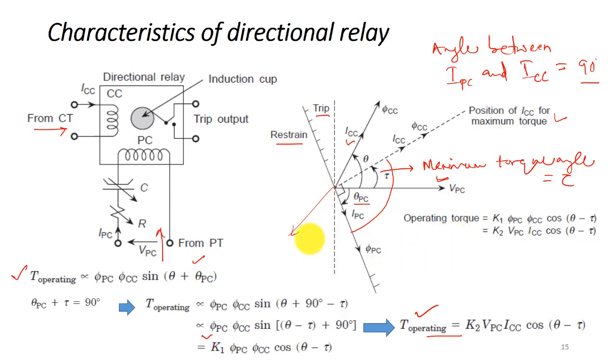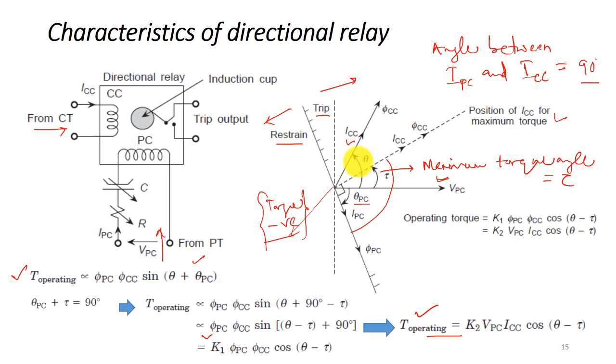So it will not work, and only when ICC lies anywhere in the trip region will it work. Therefore this is known as the trip zone, and this is known as the restraining zone.